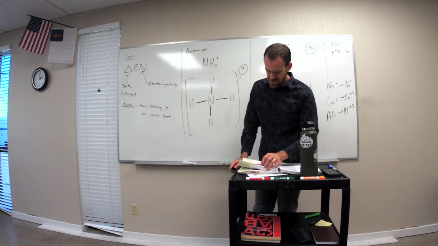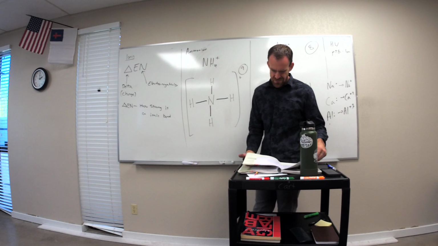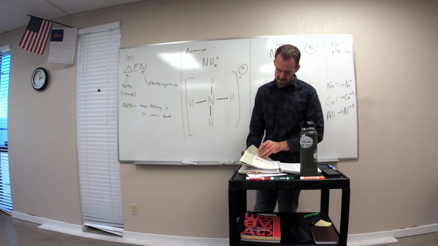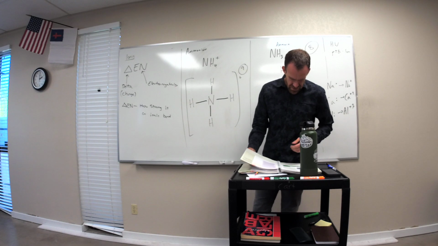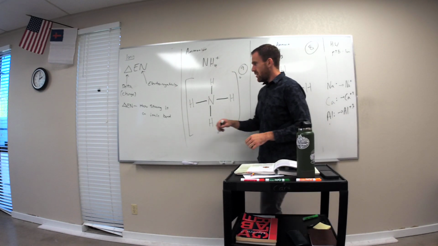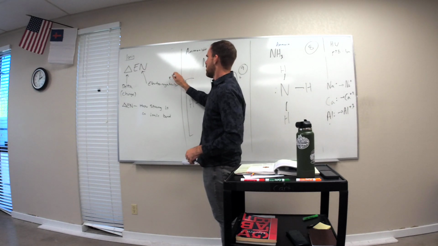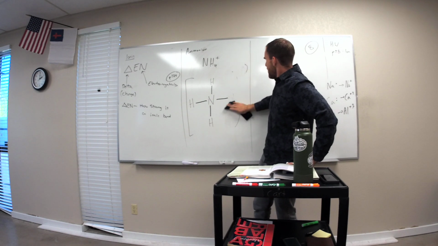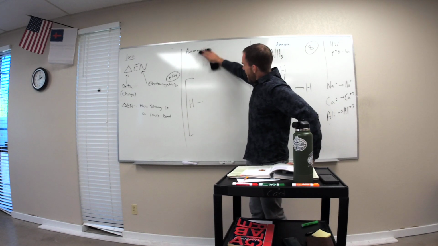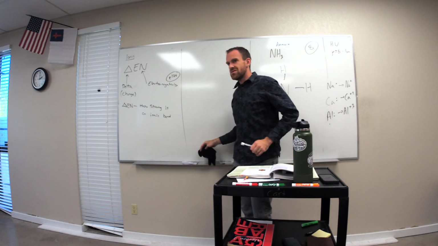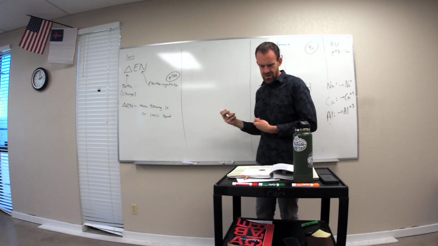It's on page 124 in your book. There's a periodic table with the electronegativities there. And then you can see how the strength of these ionic bonds relate. So some ionic bonds will be much stronger than others.